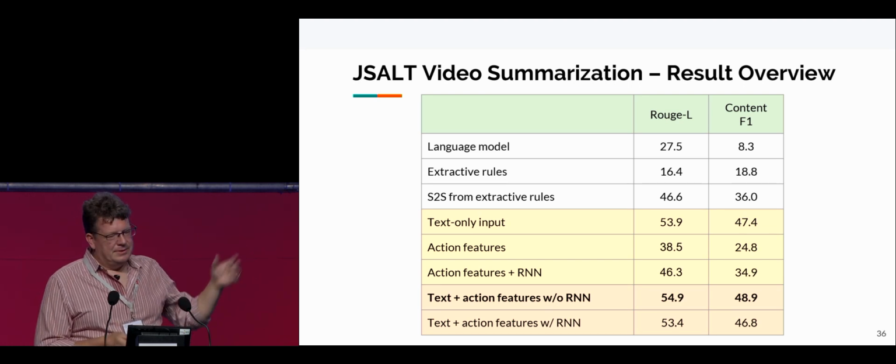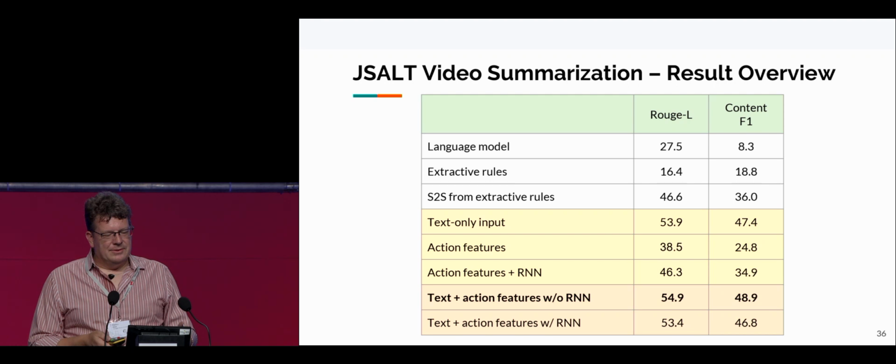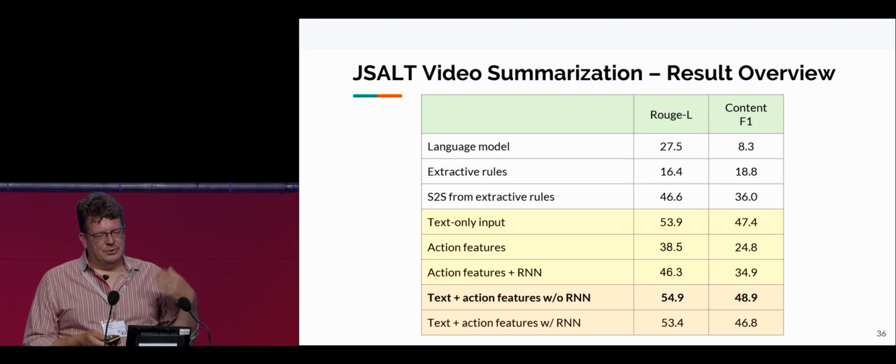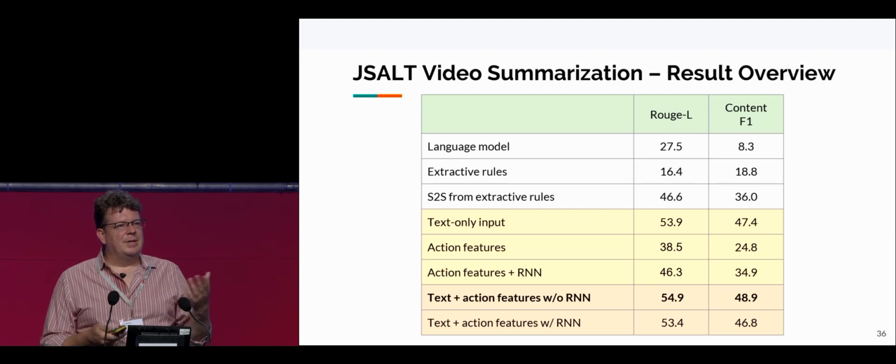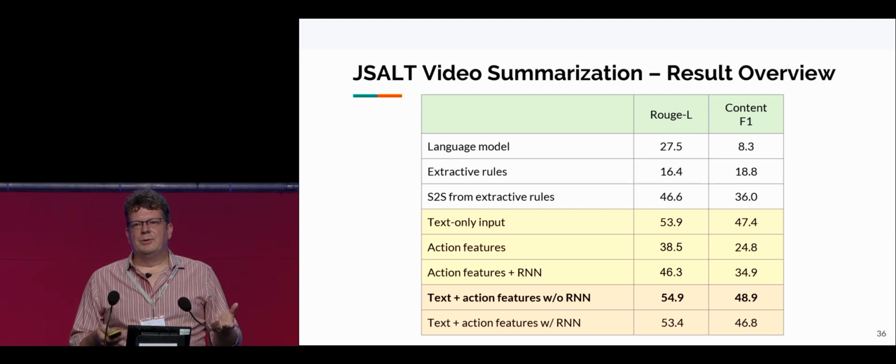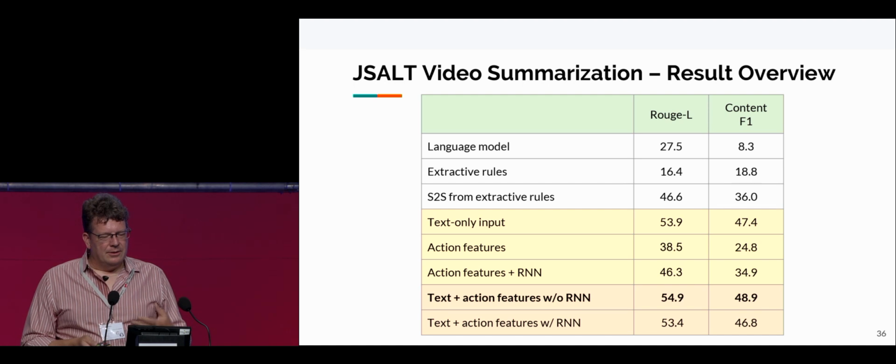So the white numbers essentially are baselines using rules or just language model sampling, and the yellow systems are text-only input or visual-only input, and the multimodal results on the yellow background improve, again, statistically significantly on all the unimodal systems that were generated using sequence-to-sequence models, but also on all the other baselines that we were able to implement that did not try sequence-to-sequence models.